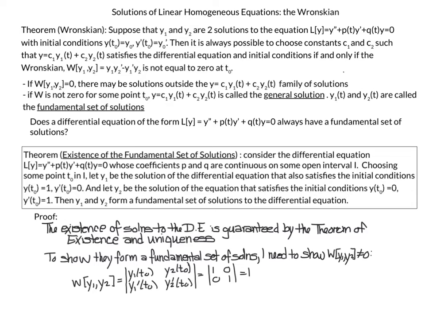So y1 at t naught is 1, y2 at t naught is 0, y1 prime at t naught is 0, and y2 prime at t naught is 1, given by my initial conditions. Cross-multiplying, I get 1, which is not equal to 0, so the linear combination is a general solution, and y1 and y2 do form a fundamental set of solutions.